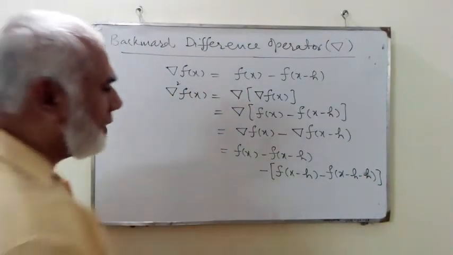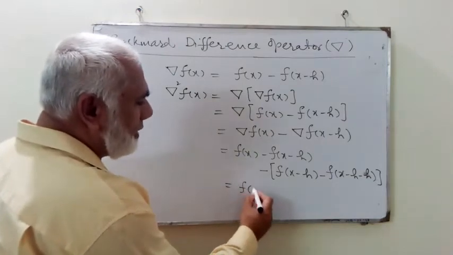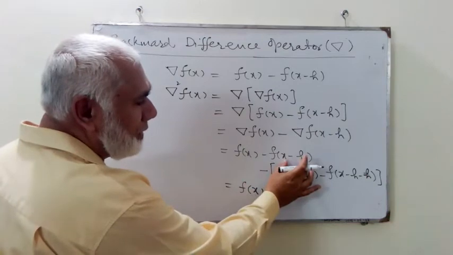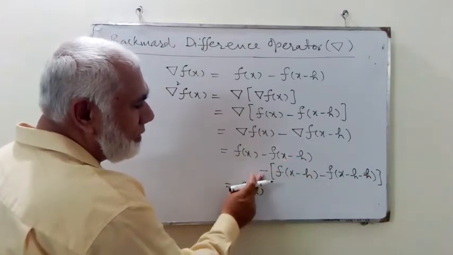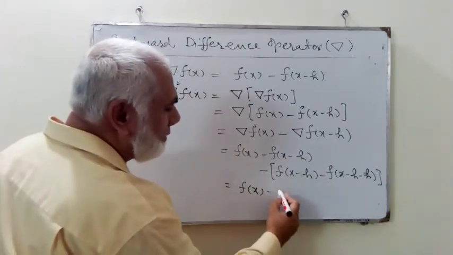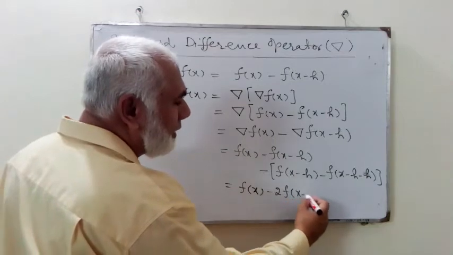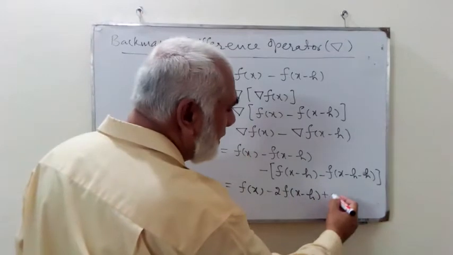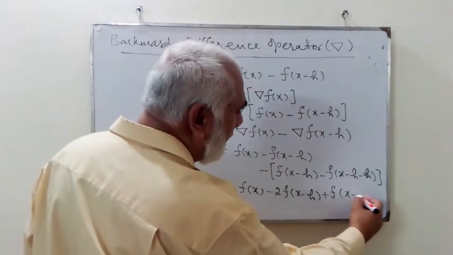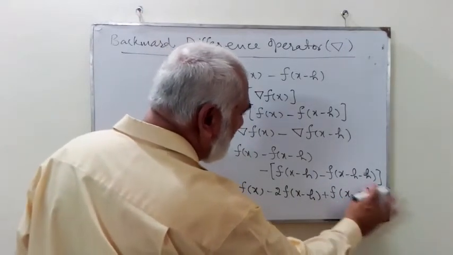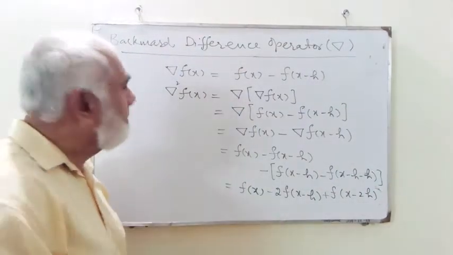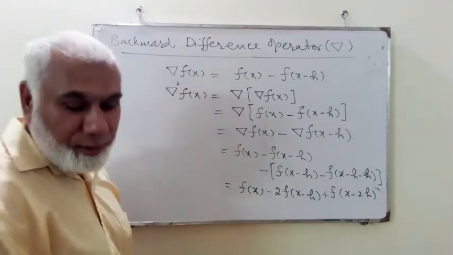Now if we simplify it, we see f(x) from the first term, f(x minus h) from here and f(x minus h) from here. Collectively it gives you f(x) minus 2 times f(x minus h), and the minus changes the sign of the inside minus, giving f(x minus 2h). So this is the second application of the backward difference operator.